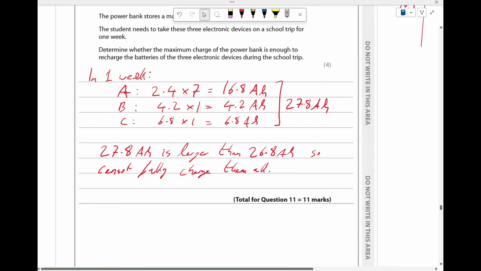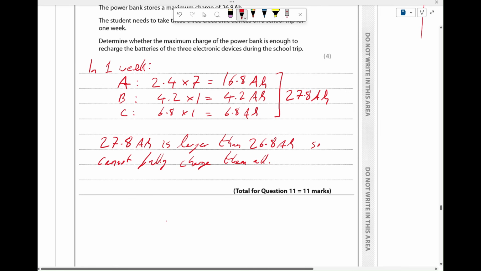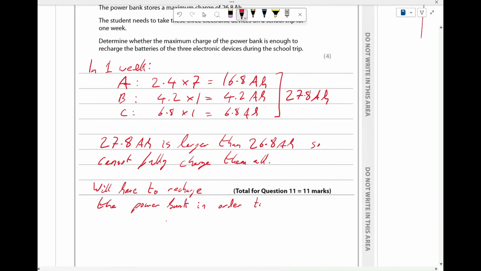So what if I said, 27.8 is larger than the capacity, so cannot fully charge them all. I feel like we've made 1 point doing the maths, 1 point comparing it to the numbers, 1 point coming up with the answer. So we've probably got one more thing to say. You know, we'll have to recharge the power bank in order to fully charge the devices.